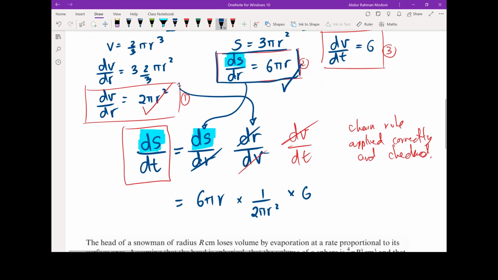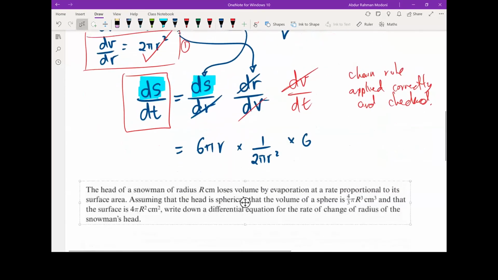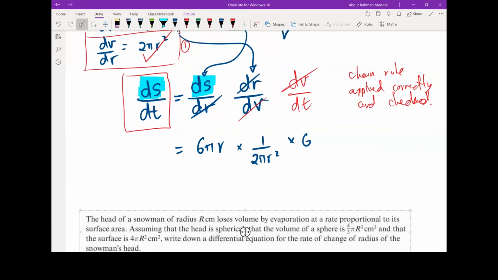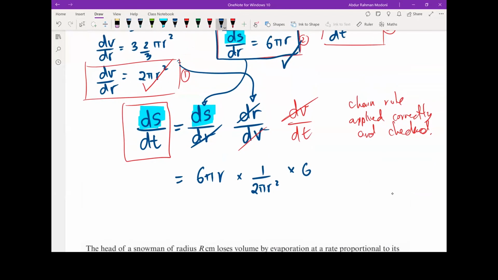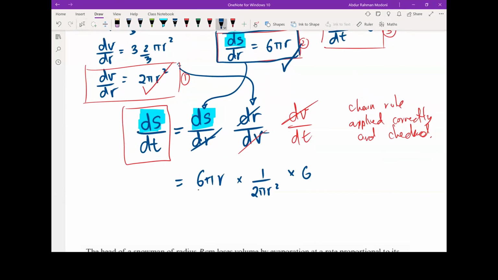Notice here I've got some fractions and I've got some whole numbers. So let's make it a bit tidier. To deal with that, just write it over 1 over 1. It just makes the maths a bit easier to see. We're only multiplying numerators with numerators, denominators with denominators. So we end up with 36 pi r over 2 pi r squared.